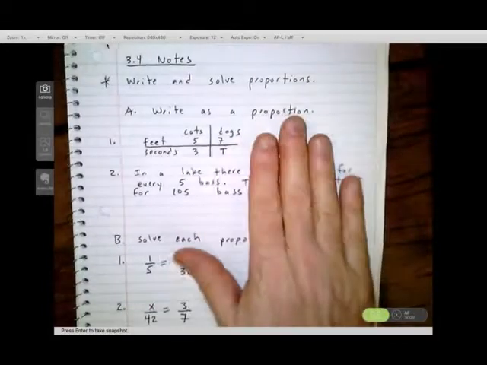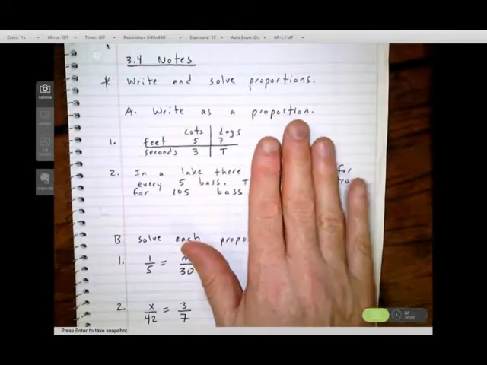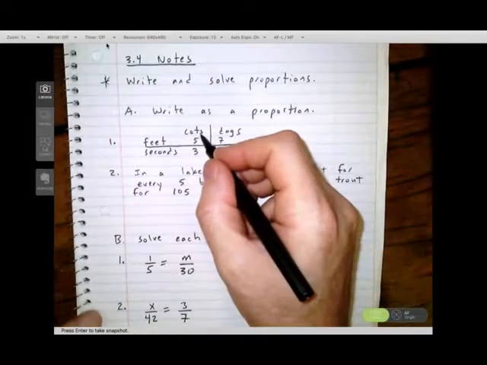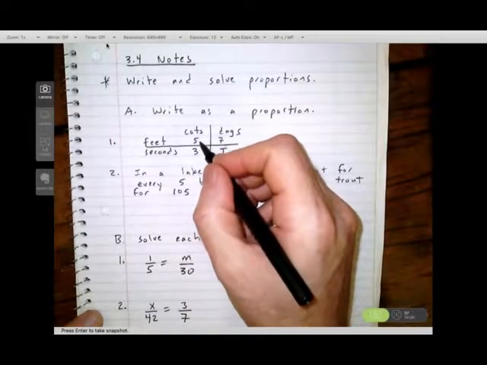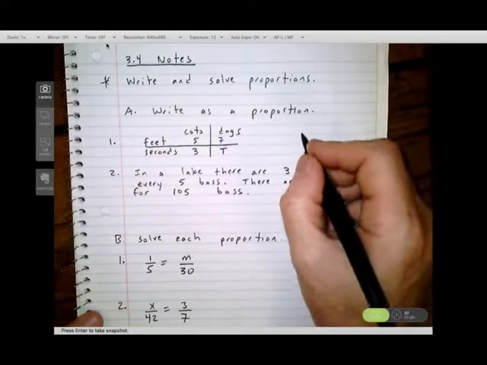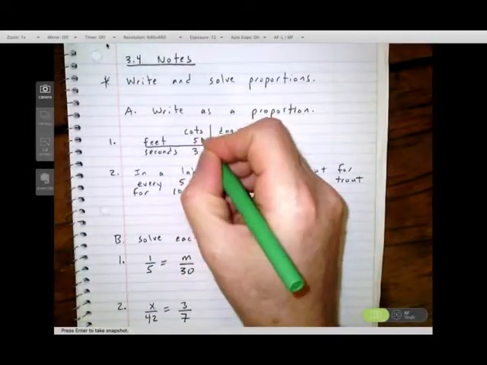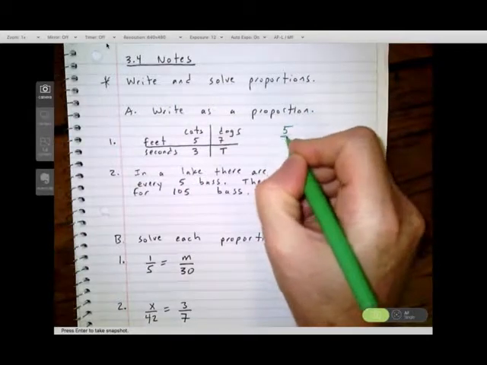Okay, so the first thing you're going to do is write some proportions, and some of them are going to come in a table that looks like this. You're just going to write a couple ratios and set them equal to each other. So for the cats, they go 5 feet for every 3 seconds. All you're going to do is make one ratio here, so you get 5 is to 3.